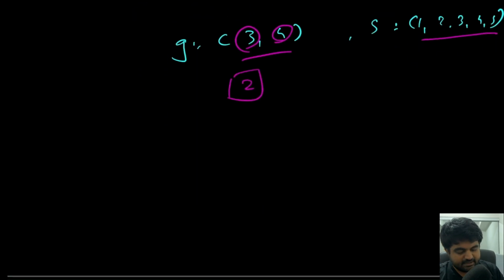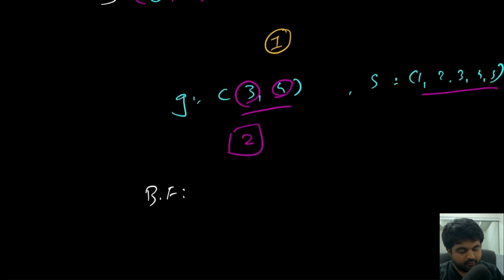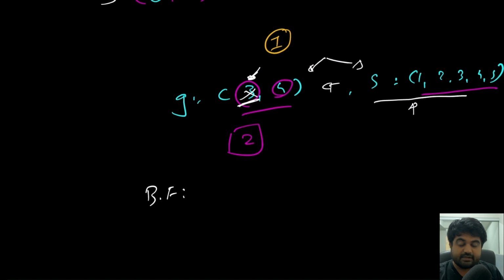Now let's see what the brute force approach is. The brute force approach is quite straightforward. For the given greed and cookie sizes, for every single greed we can iterate over the given sizes array and see whether a cookie of that particular size exists. If it exists, then we can fulfill the need of that child.